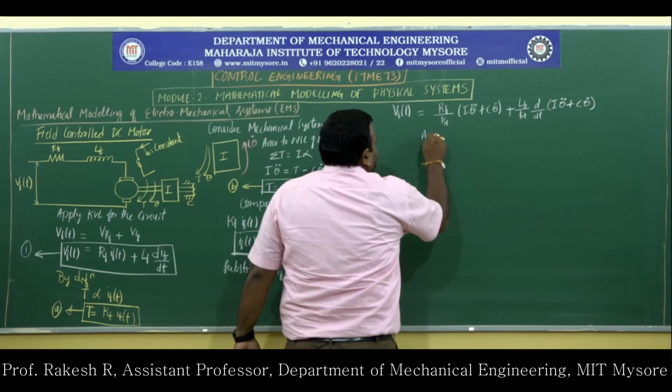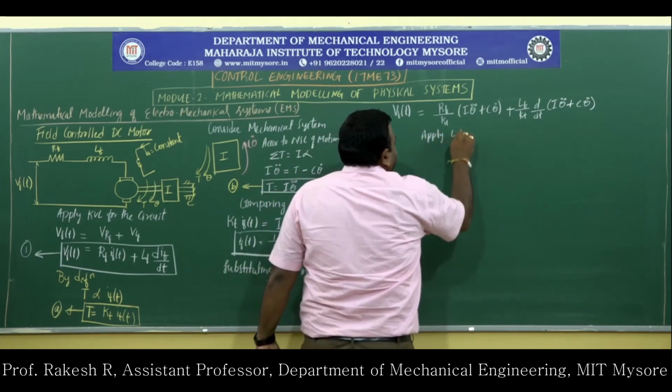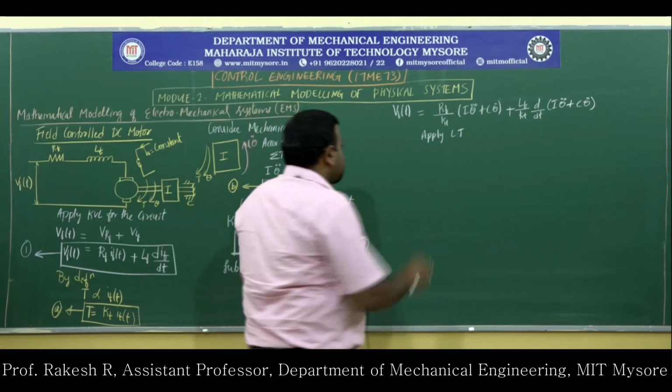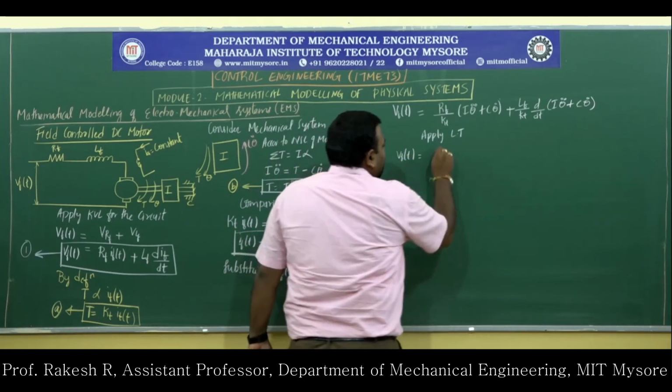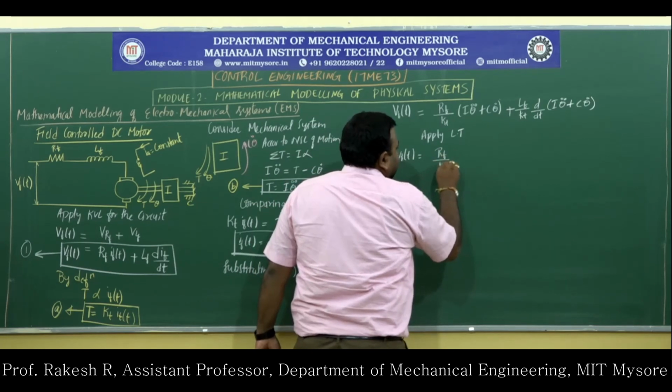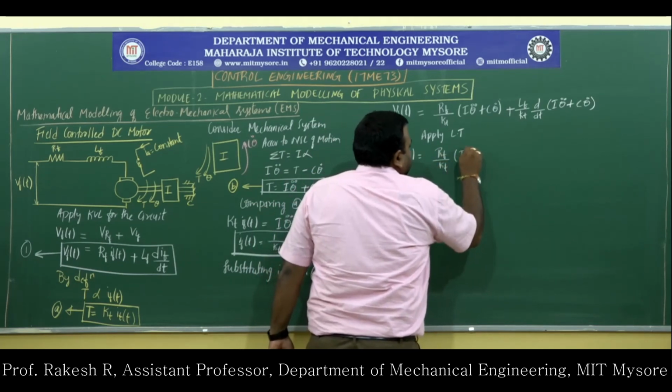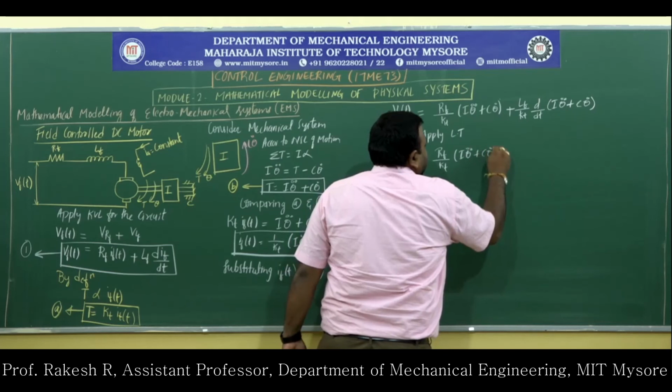Now I will apply Laplace transformation. Then what I will get is Vf of t will be equal to Rf divided by Kt into I theta double dot plus C theta dot.